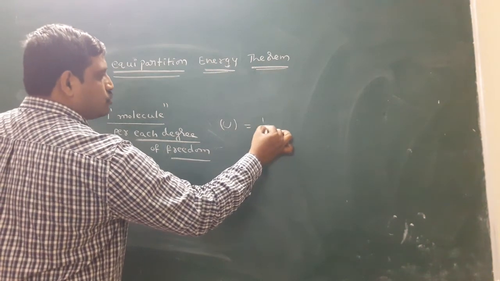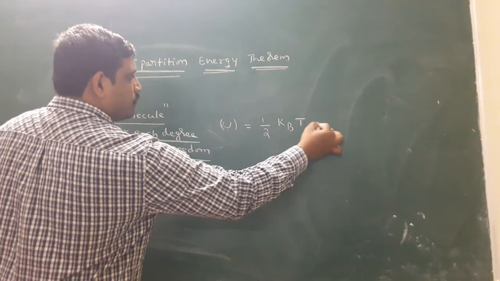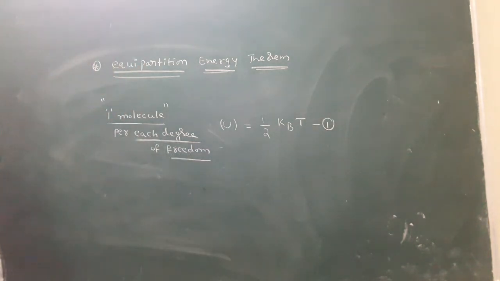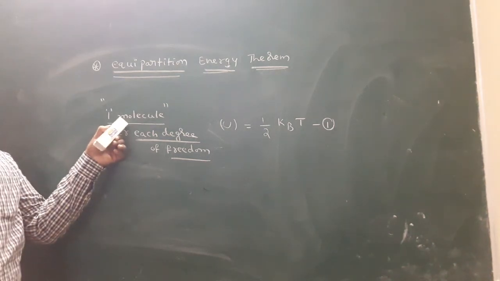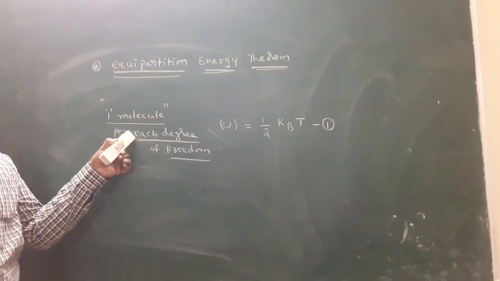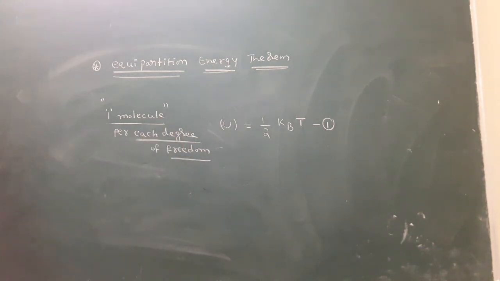That energy associated is kBT. Equation number 1. Once again I repeat, one molecule per 1 degree of freedom contains some energy. That energy is kBT.